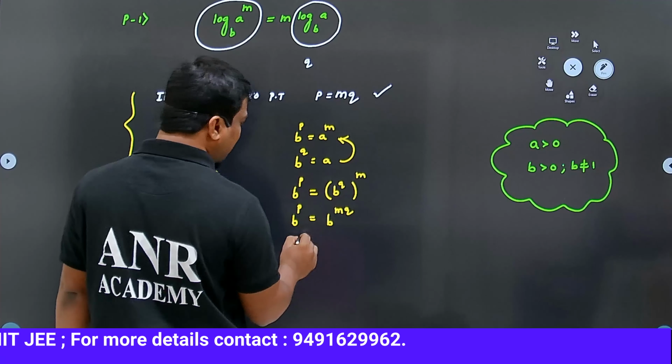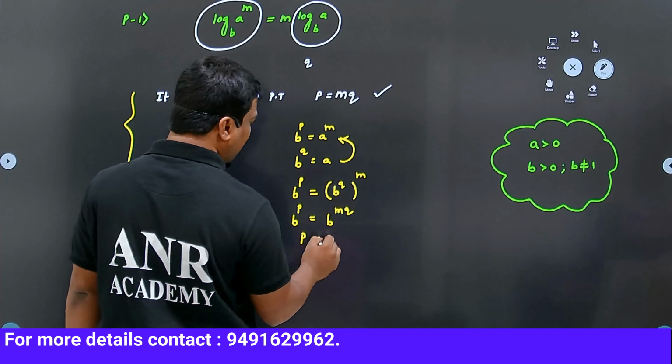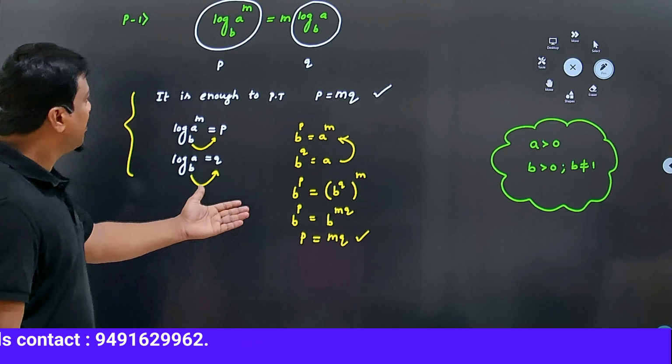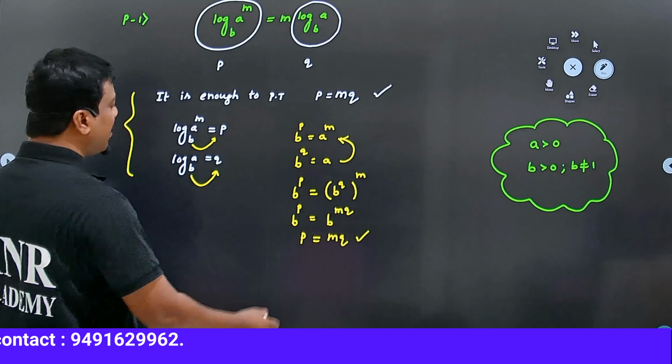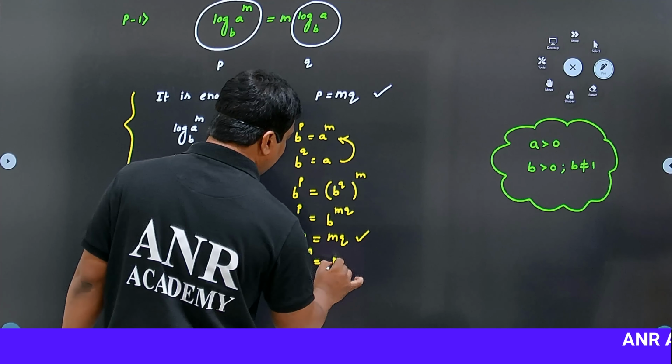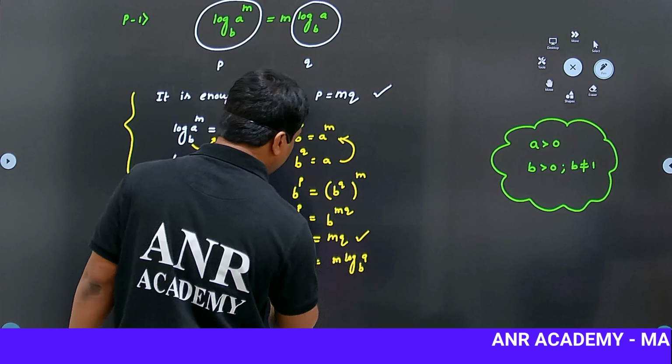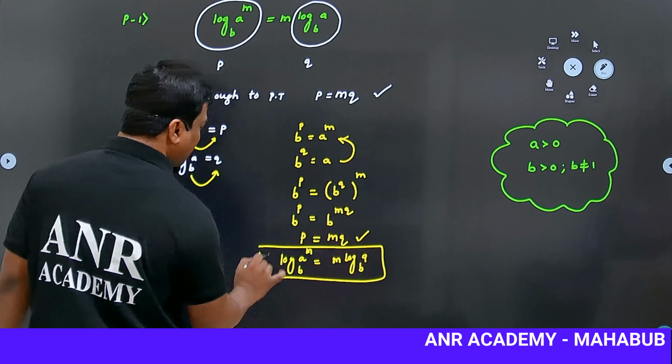Due to the same base, exponents are equal, therefore you will get p equal to mq. P equal to mq is nothing but log a power m to the base b equal to m of log a base b. So this is the first property.